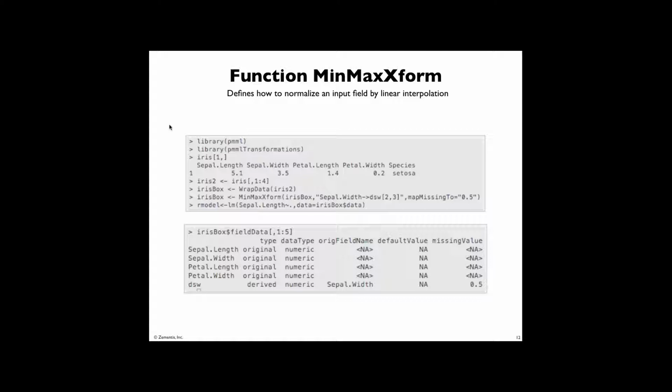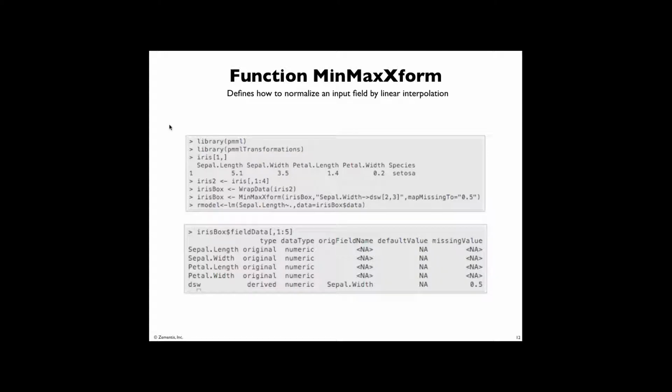All right, so let's start with the first transformation function, min-max transform. It's a linear transform, and it's referred to as min-max because there are many ways to define a linear transform, and the way we have chosen, at least in this version, is to define a wished-for minimum and maximum of the transformed variable.